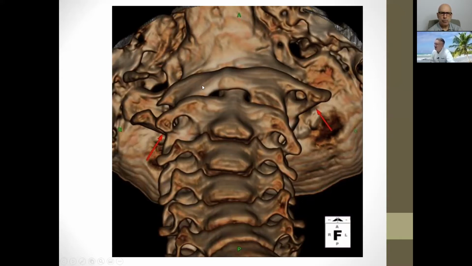You can see that there's a very significant rotational malposition of atlas. And if we move down the cervical spine, we can see other stuff. We can see some wedging here. We can see an alteration of the normal curve. So this allows us to see in very good 3D perspective what's going on.